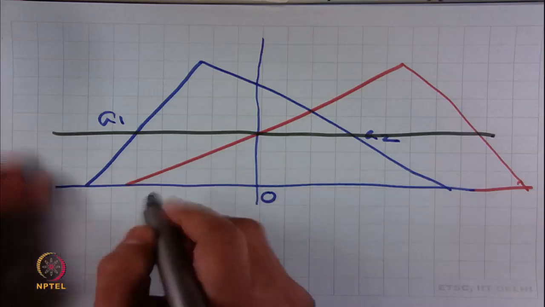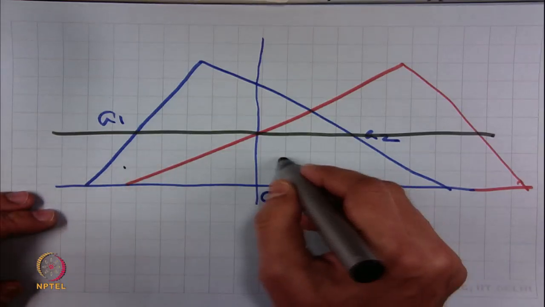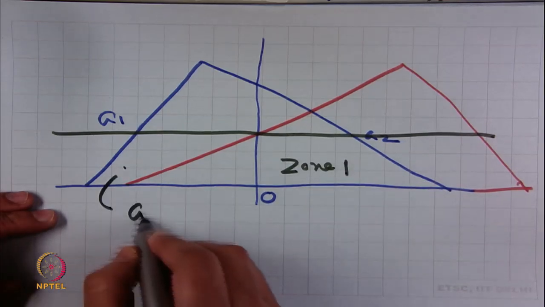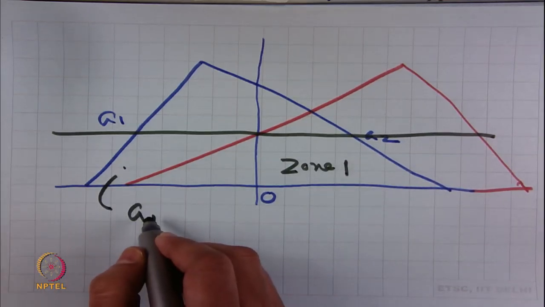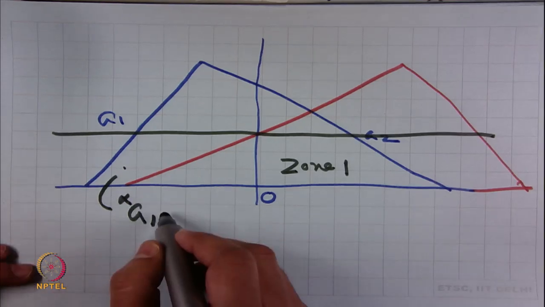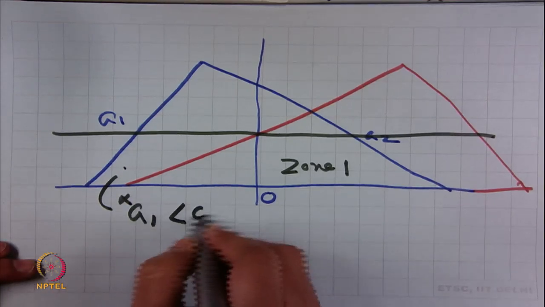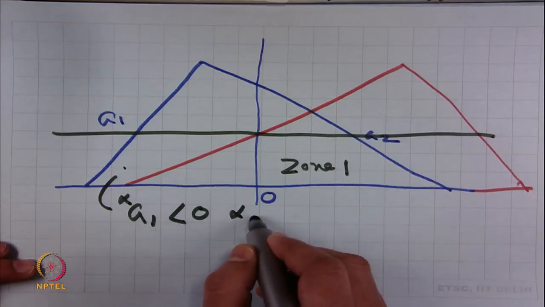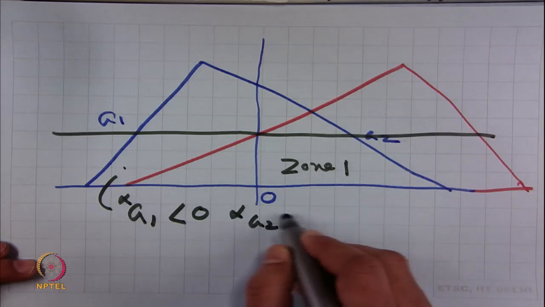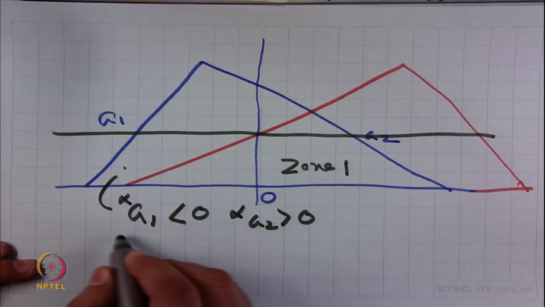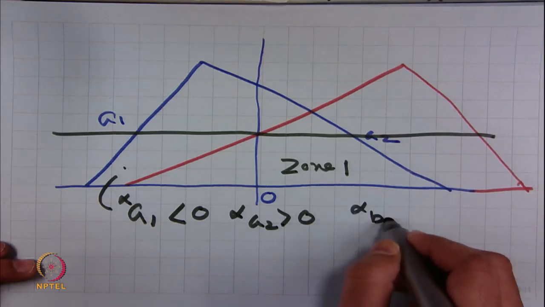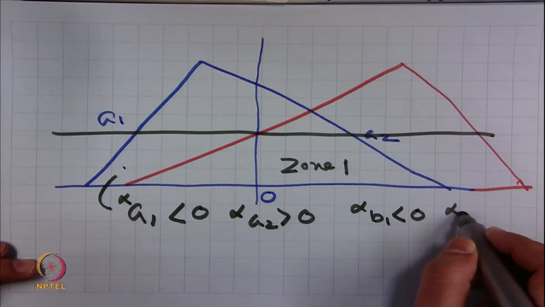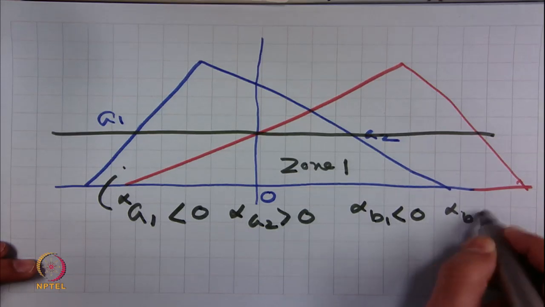This is zone 1 where alpha cut of A1 is less than 0 and alpha cut of A2 is greater than 0 and alpha cut of B1 is less than 0, alpha cut of B2 is greater than 0.